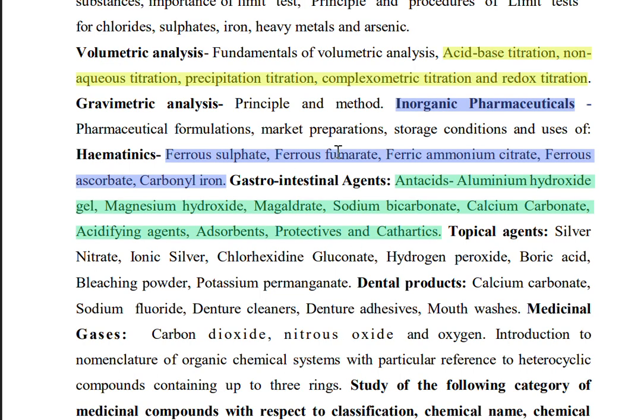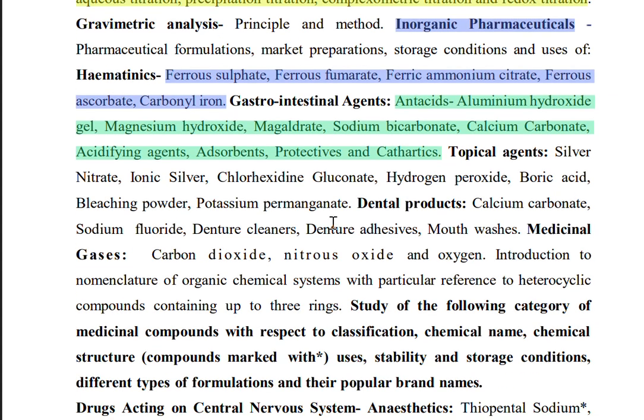Each and every one of these drugs has another name. So we have to focus on the synonym names also, because at least two questions come from the synonyms. So you have to make a tabular column with handwritten notes and recall it daily early in the morning, so that you can easily catch up in the exam.